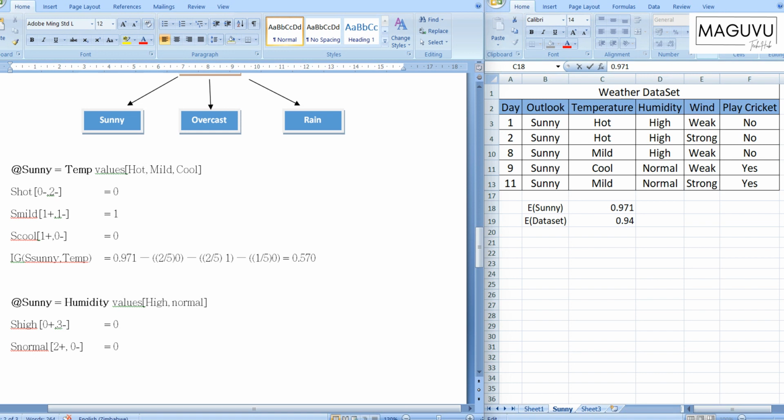So we proceed to calculate the information gain while it's at sun, and we are considering humidity.